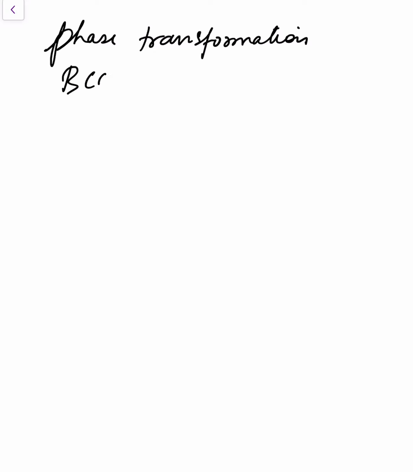Okay, so in this question, we are looking at phase transformation for a BCC iron into FCC iron. Iron in BCC transforms into FCC iron, and that occurs usually at 912 degrees C. Right?